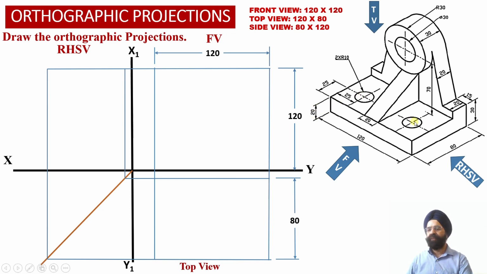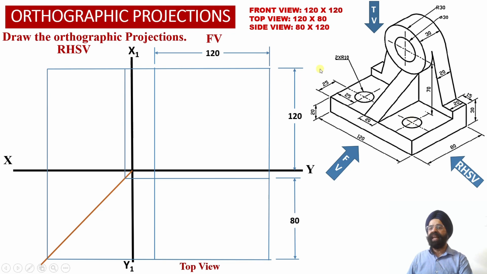And this horizontal web is carrying two circular holes which have diameter equal to 20 millimeter or radius equal to 10 millimeter, and the coordinate locations corresponding to the center points of these two holes are already provided to us.